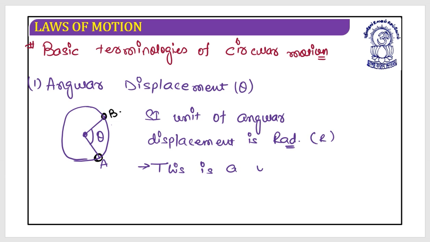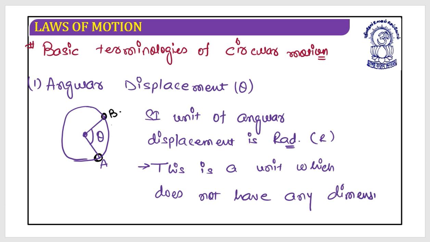This is a unit which does not have any dimensions. If you remember, we have discussed radian and steradian, for plane angle and solid angle, in unit number 2, units and dimensions. So this is a unit which does not have any dimensions.